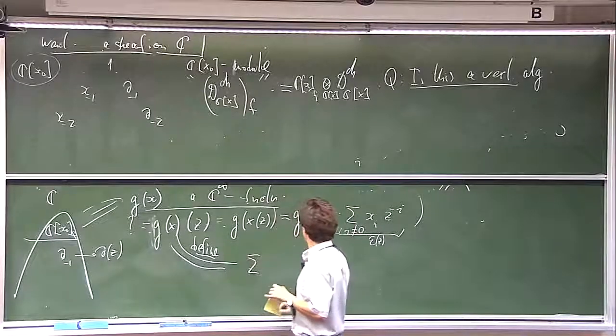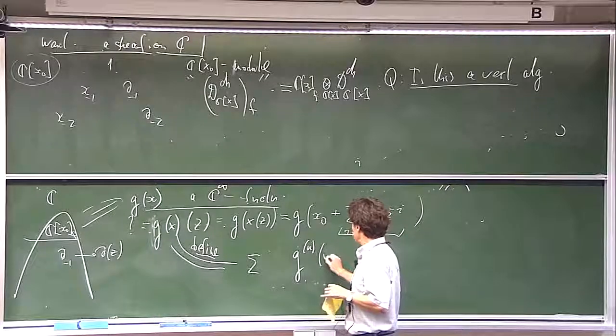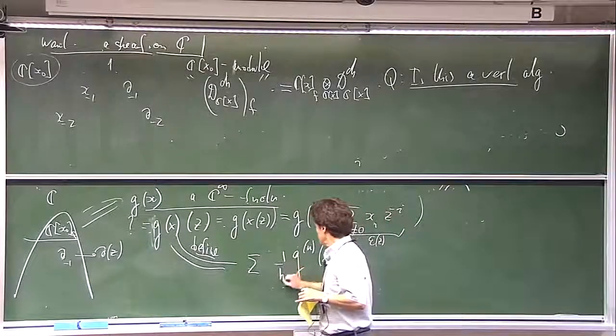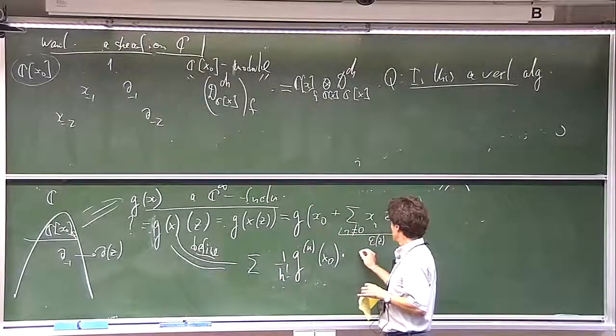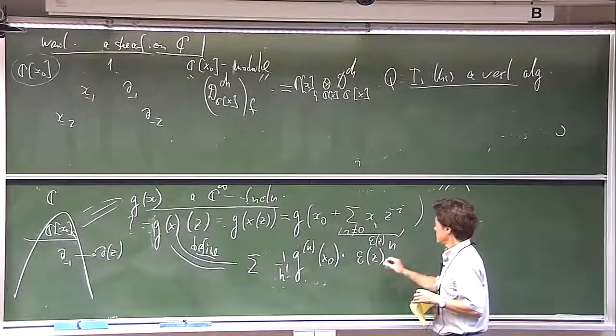So sum the nth derivative of g at x naught divided by n factorial times epsilon of z to the nth.